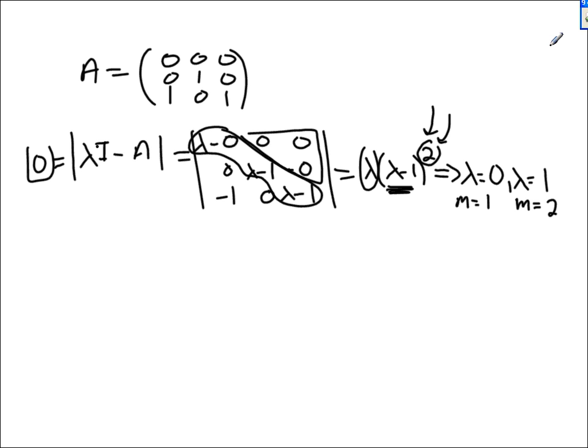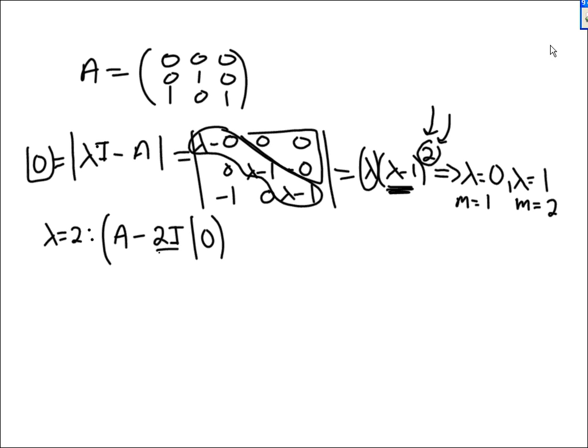Now, if lambda is equal to 2, what we're trying to solve is A minus lambda I augmented with 0.